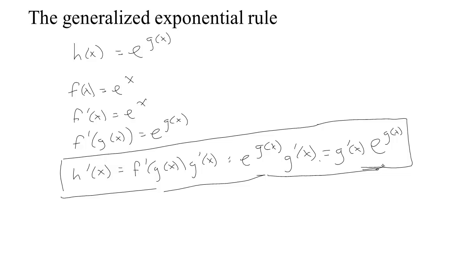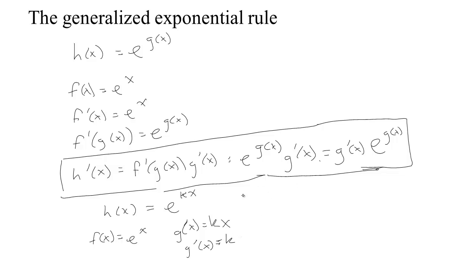Alright, that's the generalized power rule. I'd like to call your attention to one specific special case of this special case, which is when you have e to some linear function, like e to the kx. Then the outside function is e to the x, and the inside function is linear, so the derivative is just the coefficient of x.